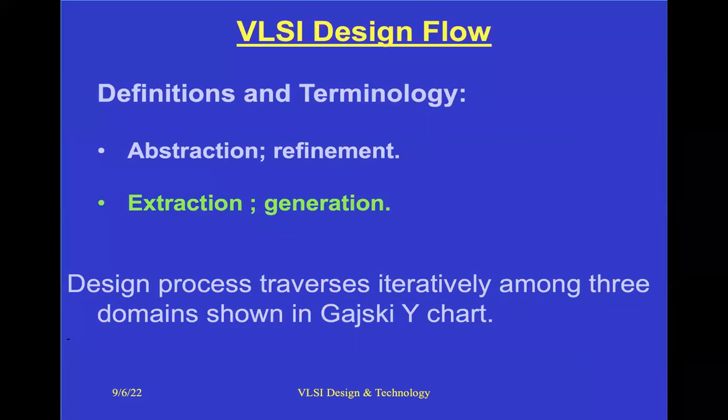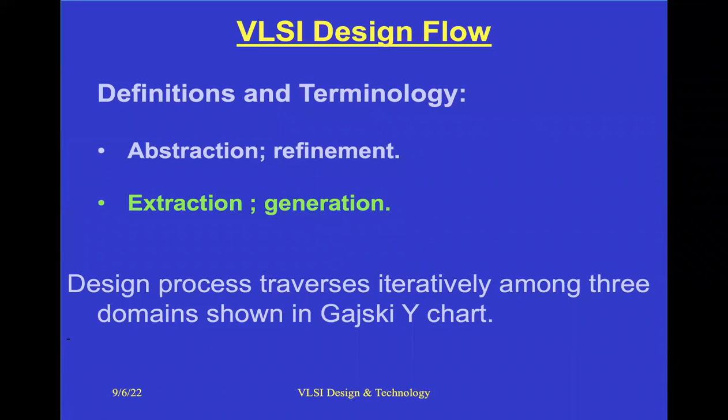Okay, so how is the design flow? Okay, so we're going to look into a few definitions and terminologies, and we're going to see about the Y chart. Okay, so abstraction, refinement, okay, extraction, generation. Okay, so we'll be looking into them one by one. Design process traverses iteratively among three domains, which is shown in the Y chart.